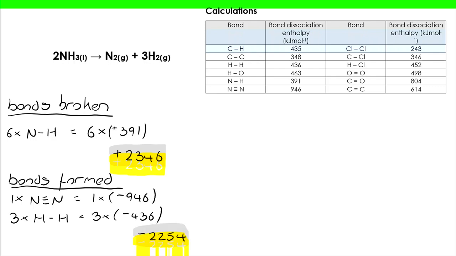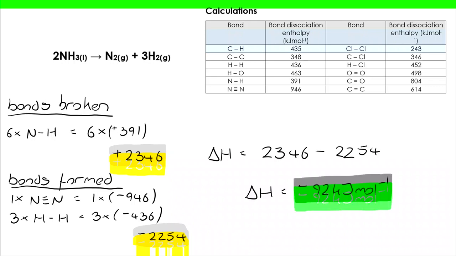And for bonds formed, I've got 1 negative 946 and 3 negative 436s, a total of negative 2254 for all of the bonds formed. I then add those two numbers together. Delta H is 2346. Take away 2254, giving me a value of negative 92 kilojoules per mole.